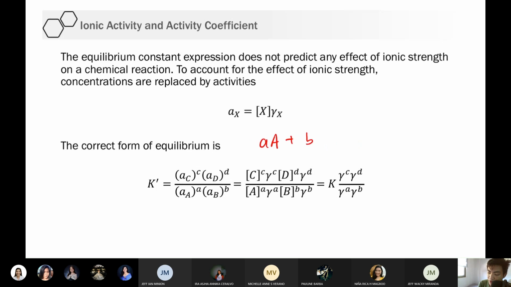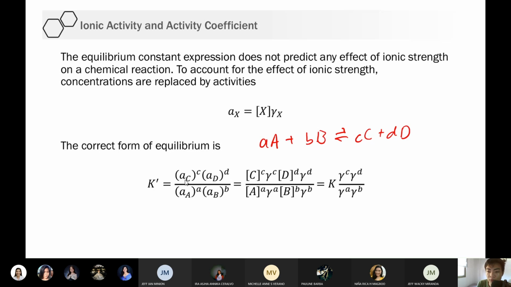So for this generic equilibrium expression, the actual equilibrium constant, considering the effect of diverse ions, is written as the activities of the products over the reactants. That is the activity of C raised to its coefficient times the activity of D raised to its coefficient, all divided by the activity of A raised to its coefficient and the activity of B raised to its coefficient.